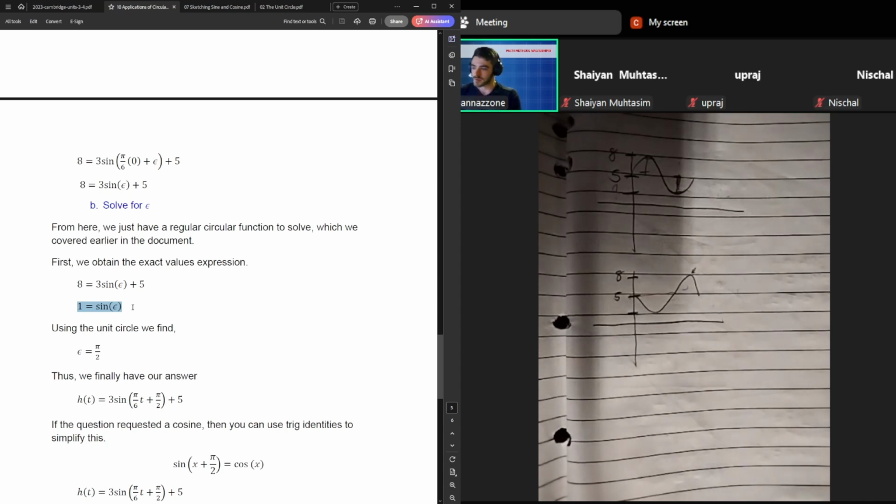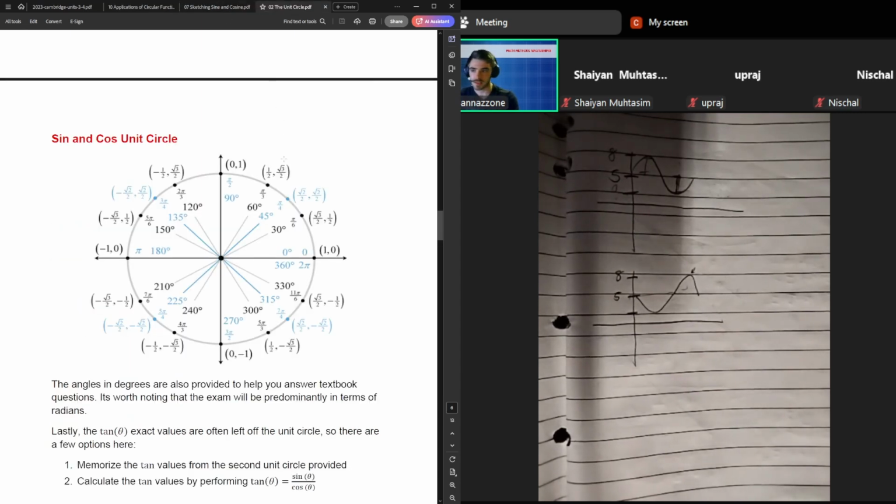So how does this work? Solving sine of epsilon equals 1 simply means, where is my y value equal to 1? Sine is on the y-axis, cos is on the x-axis. The only y value equal to 1 is up here. The guaranteed angle there is pi over 2. The only way you can get up here is with the angle pi over 2.